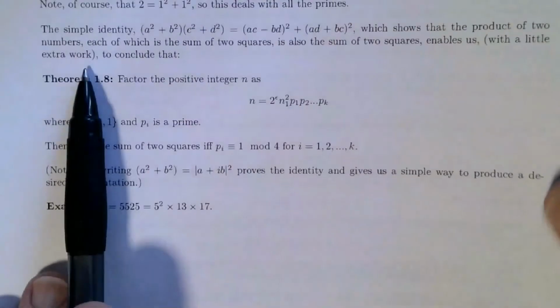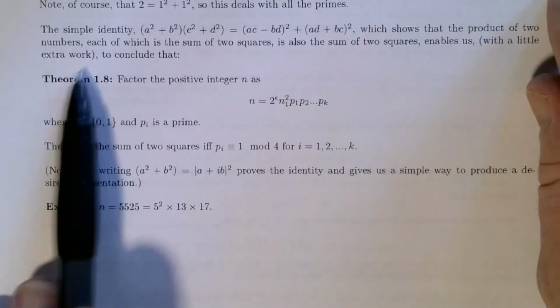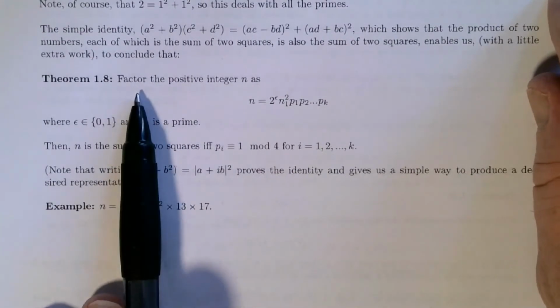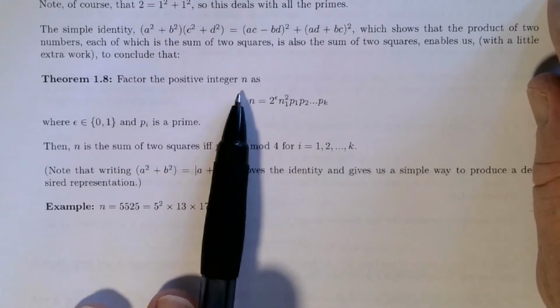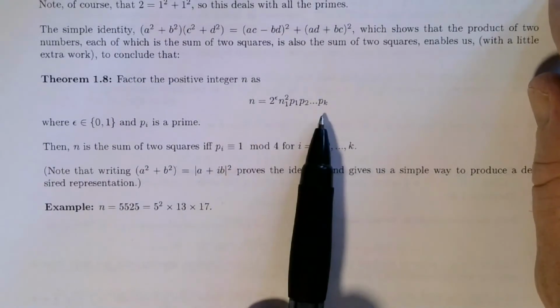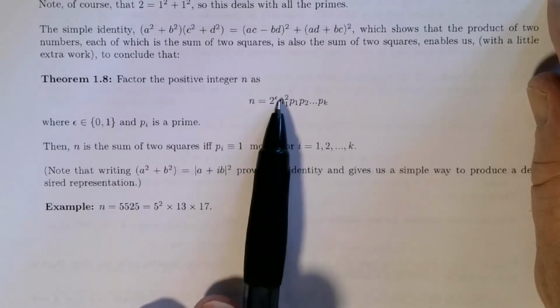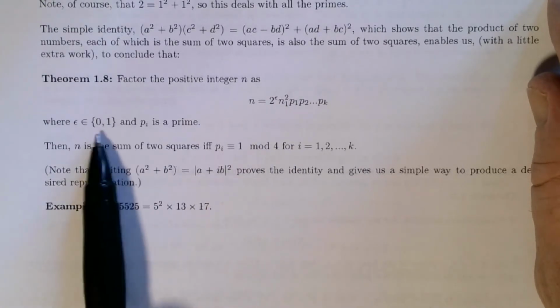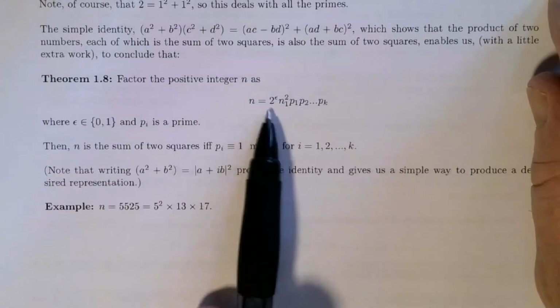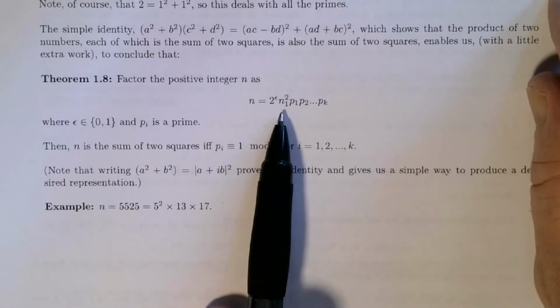And that enables us, with a little extra work, I'll leave you to fill in some of the details, to be able to argue now that you take any positive integer n and you factorise it in this way. That is, if it's even, you take out a 2. So you get 2 to the epsilon. So epsilon's either 0 or 1. It'll be 0 if the number n is odd. It'll be 1 if it's even. You pull out any square factor that you can.